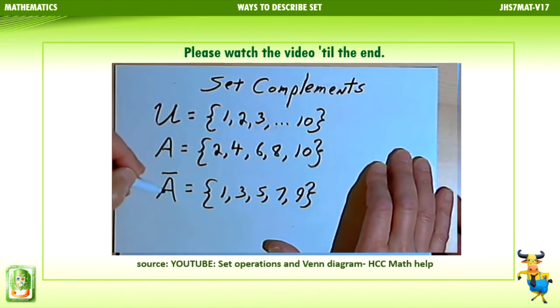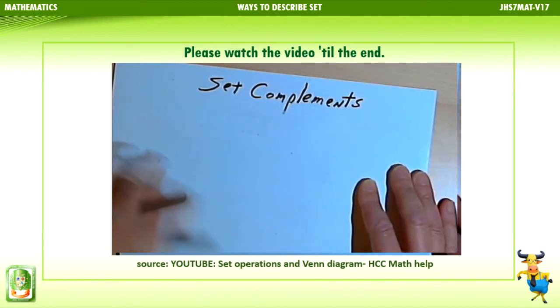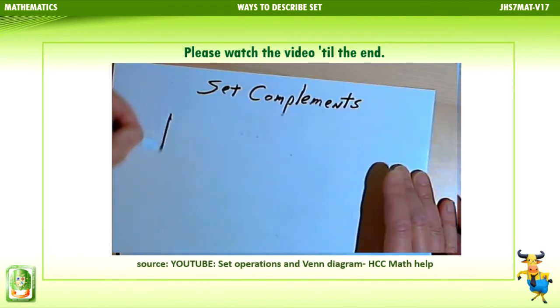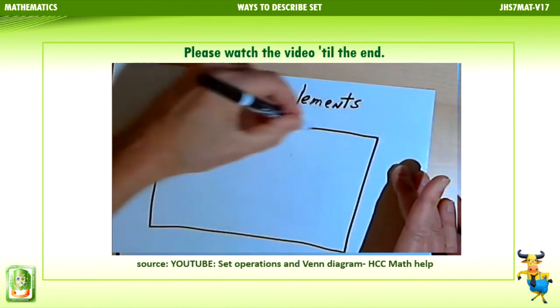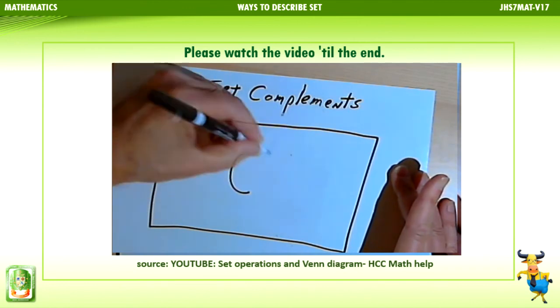Okay, so the complement of a set is the elements that are in the universal set but not in the set that we're taking the complement of. To show that graphically with a Venn diagram, so here's the rectangle for my universe. I'm just going to draw a circle.